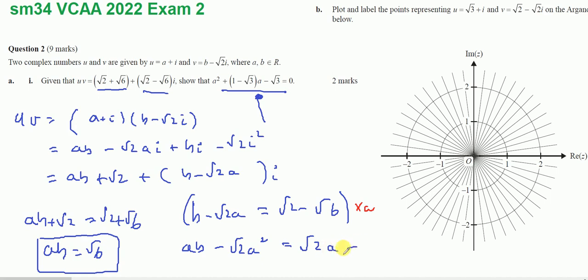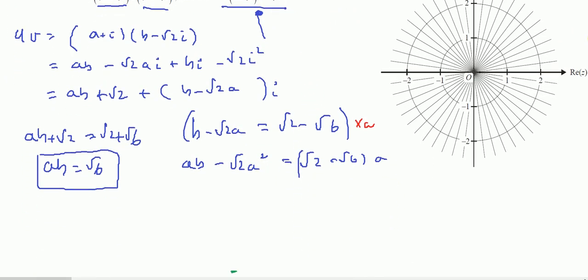minus, maybe I'll combine all of that together, minus root 6a, since I do have an a in there. Now I've got root 6 minus root 2a squared equals root 2 minus root 6 on a.